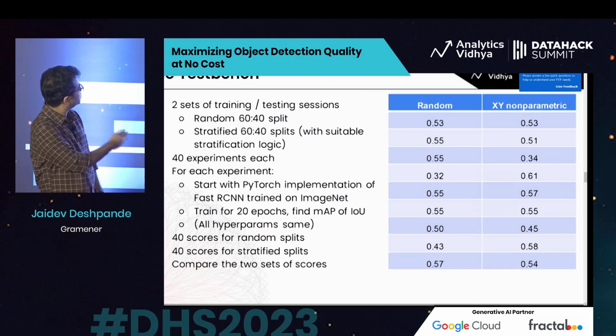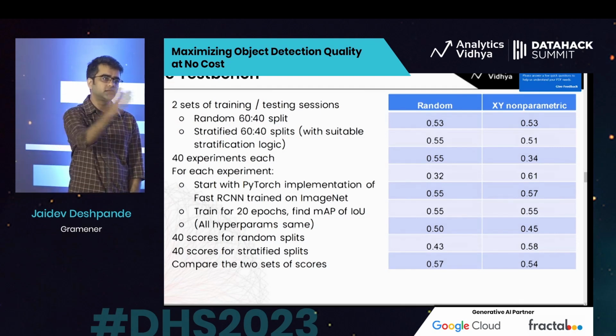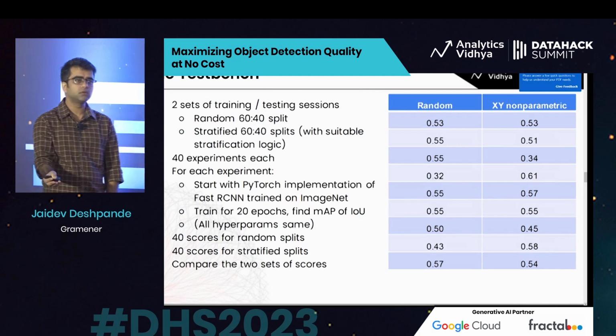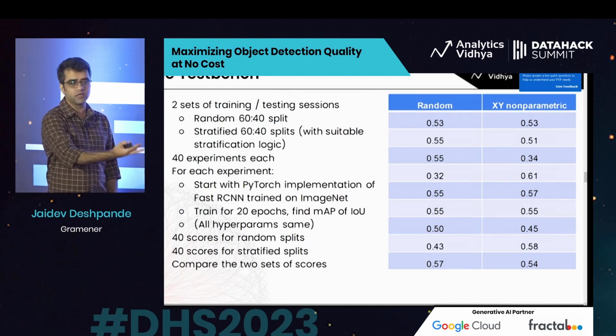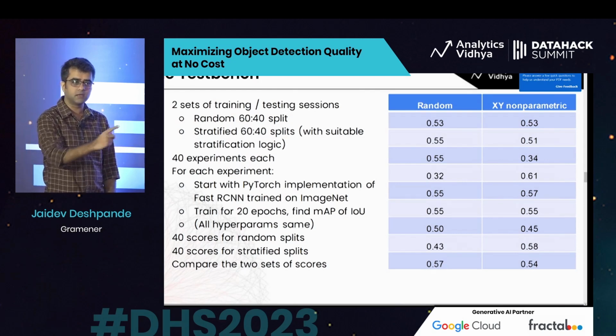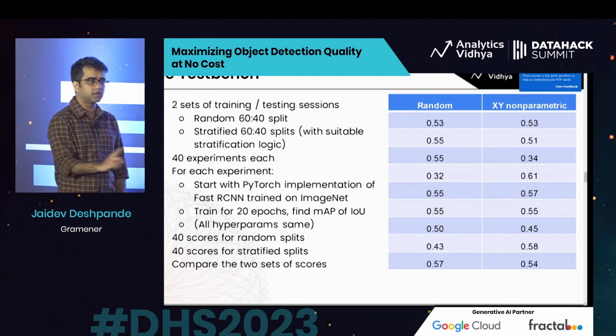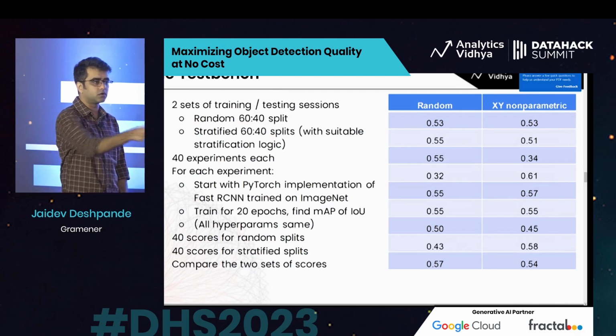So for each experiment, what we have done is train the model for 20 epochs with a random split, throw away that model, not before recording the metrics, stratify the data using some informed random variable stratification, and then train it again, right? This time from scratch again, for 20 epochs, keeping all the other hyperparameters same, and then record the metrics again.